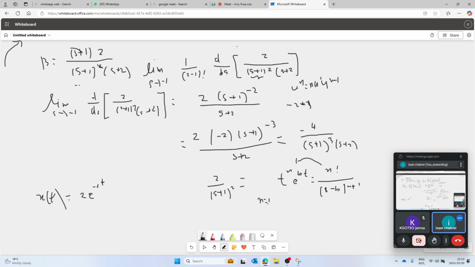What I'm trying to do here is relate this formula so I can solve this inverse Laplace. If here I have n plus 1 and I have 2, it means n is 1. The formula says it is n factorial, so I will have 1 factorial on top. But 1 factorial is simply 1. So the answer says it is t to the power n, so it's going to be t where n is 1, times exponential bt.